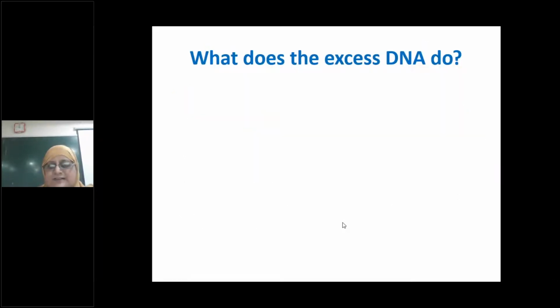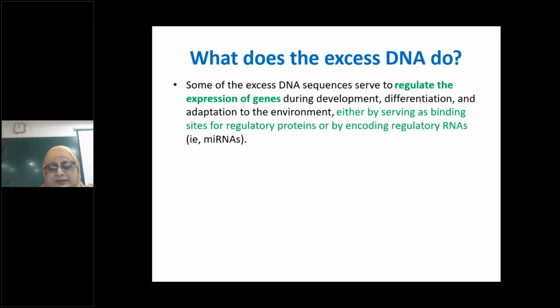Now, what does this excess do? We are saying that only a small portion of the DNA codes for protein. So what is the remaining? What does this excess DNA do? Some of the excess DNA serves to regulate the expression of the genes during development, during differentiation, and adaptation to the environment, either by serving as binding sites for regulatory proteins or by encoding regulatory RNAs, that is miRNAs, microRNAs.